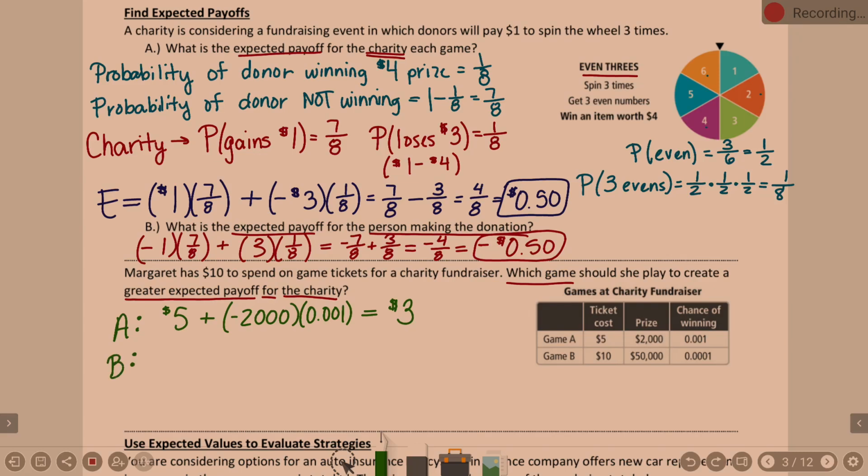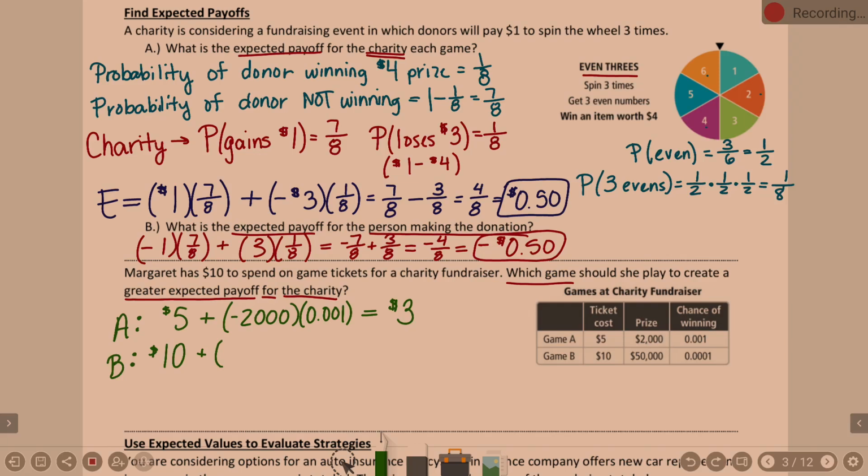What about game B? The charity automatically gets what? $10. Automatically gets $10. Not bad. What could the charity lose? $50,000. And what's their chance of losing $50,000? 0.0001.